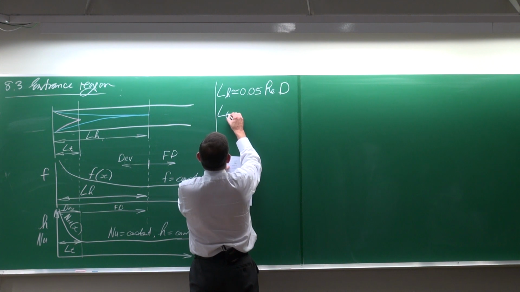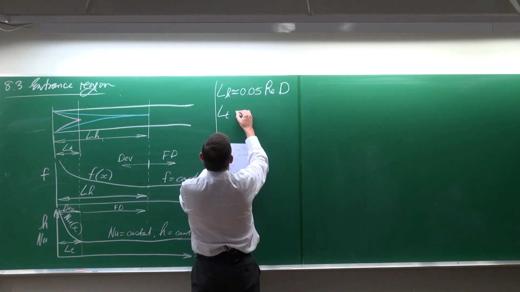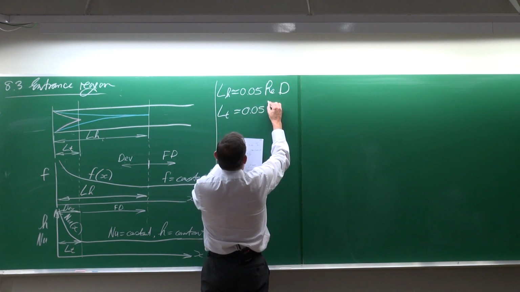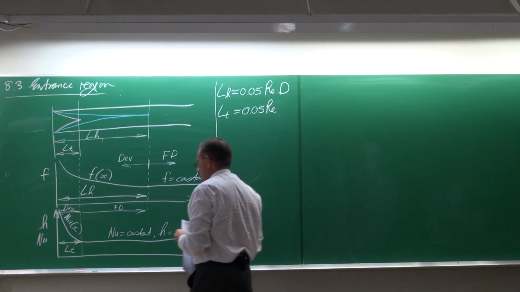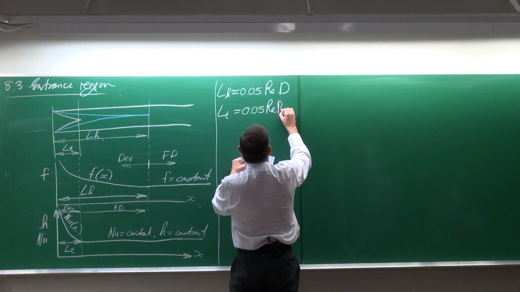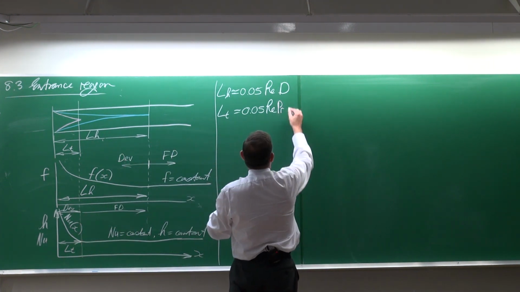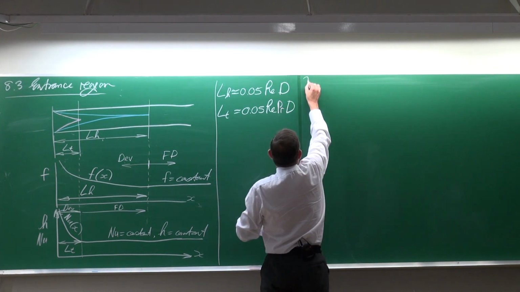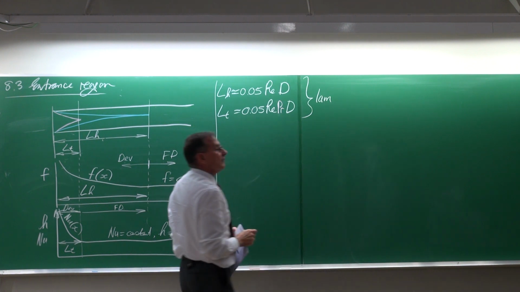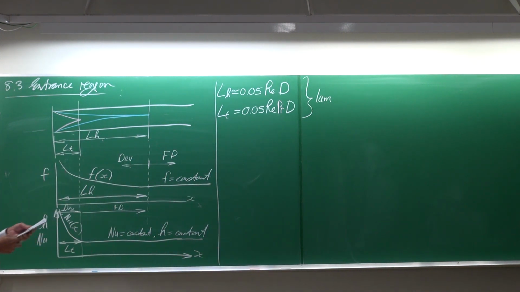And LT is approximately equal to 0.05 Reynolds, and then we put something in there, Reynolds Prandtl multiplied by the diameter. And take note, this is for laminar flow.